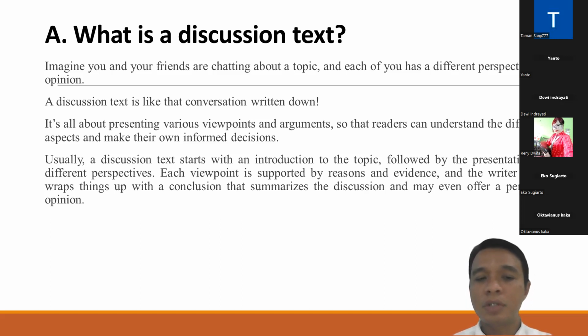Usually, a discussion text starts with an introduction to the topic, followed by the presentation of different perspectives. Each viewpoint is supported by reasons and evidence, and the writer often wraps things up with a conclusion that summarizes the discussion and may even offer a personal opinion.